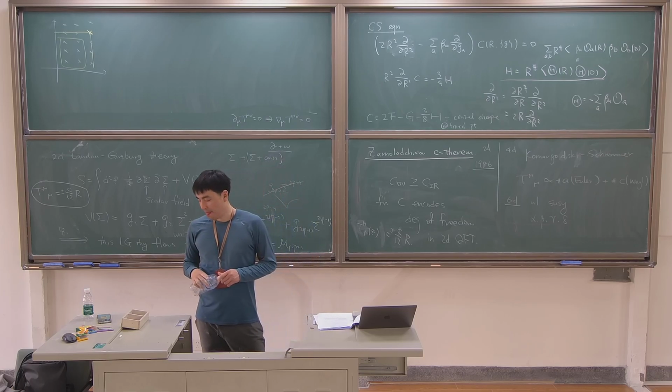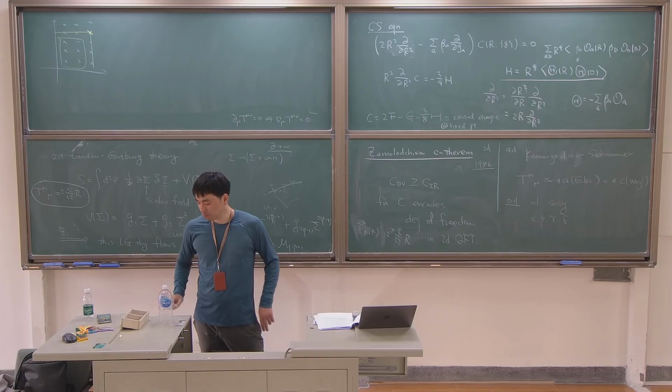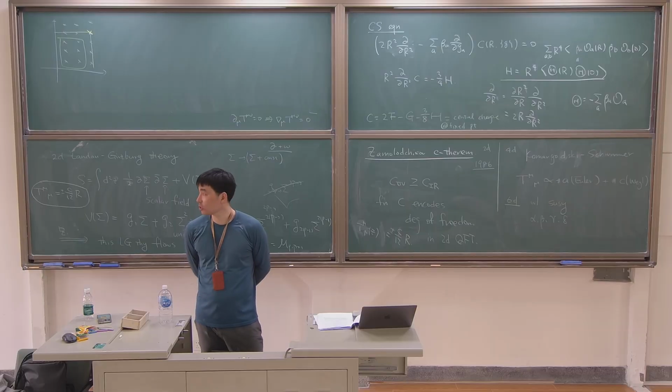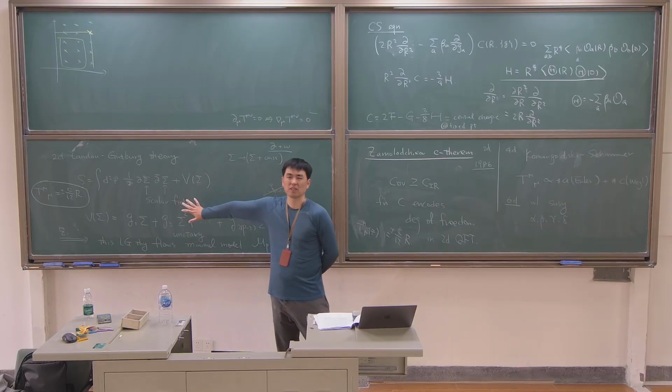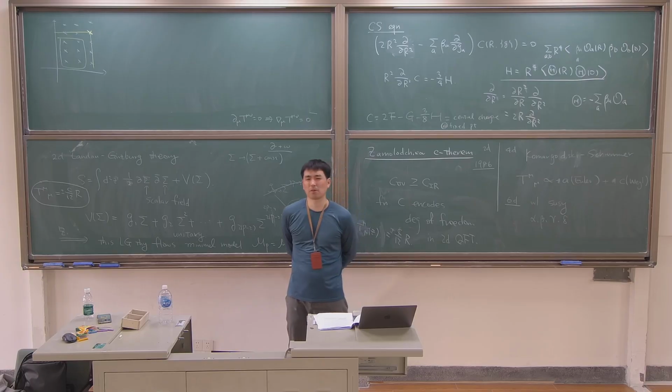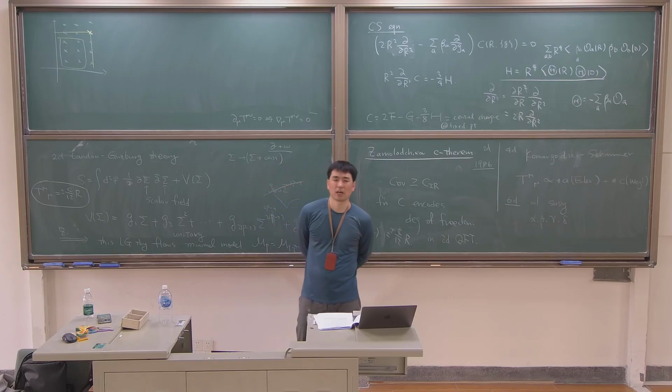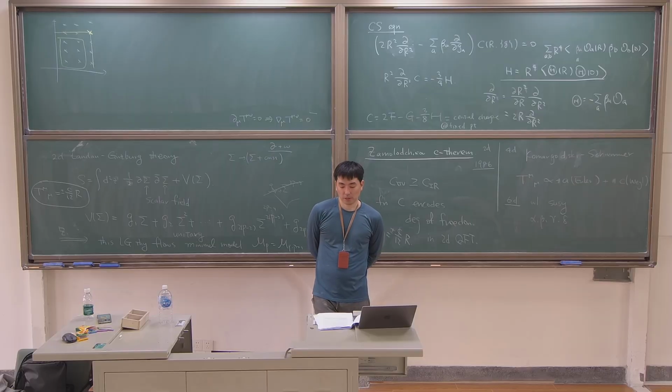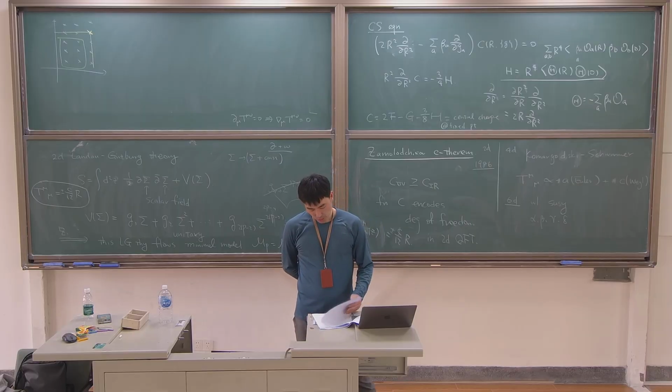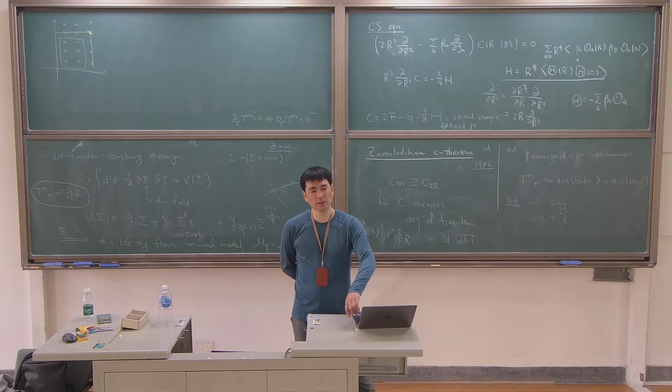Any other question? Okay. If not, my plan is to talk about this one next time, maybe 1.5 hours or 2 hours. After that, I'll move on to something different, or maybe I will go to the last section on the entanglement entropy of 2D theory.